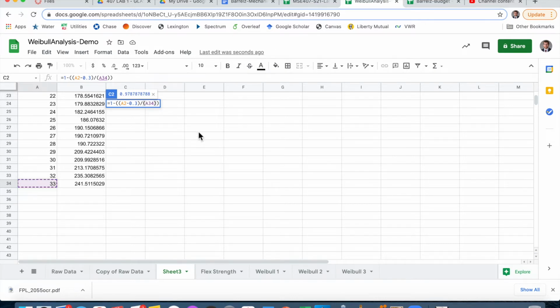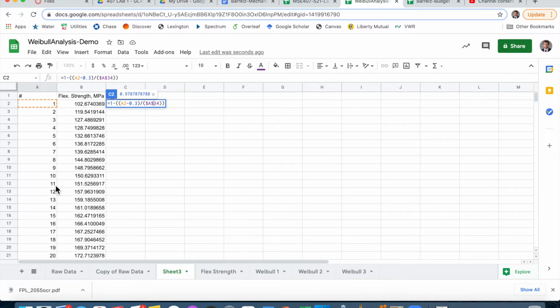If you're familiar with this, I do that by putting dollar signs before and after the letters. So that fixes the position of this. So this will always be the 33. You could also write 33, but this is just another way of doing that.